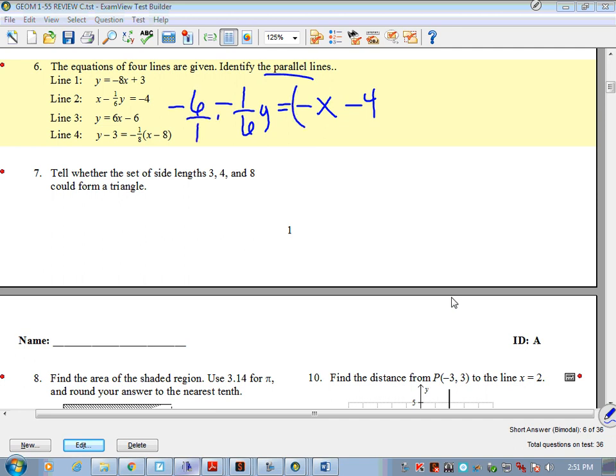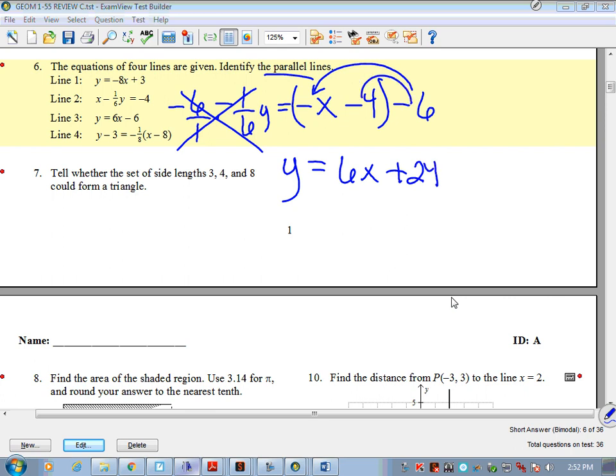We multiply this by -6. So these cancel, leaving me with y, and I'm going to wind up with 6x, because we're going to distribute, and -6 times -4 comes out to a positive 24. And you'll notice that line 2 and line 3 share the same 6x slope, so those are going to be parallel to each other.